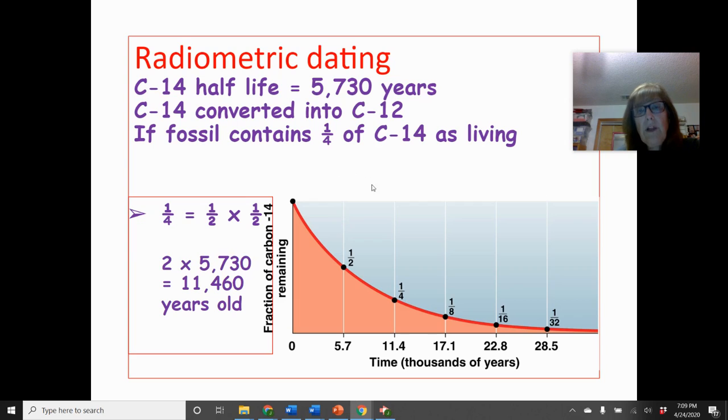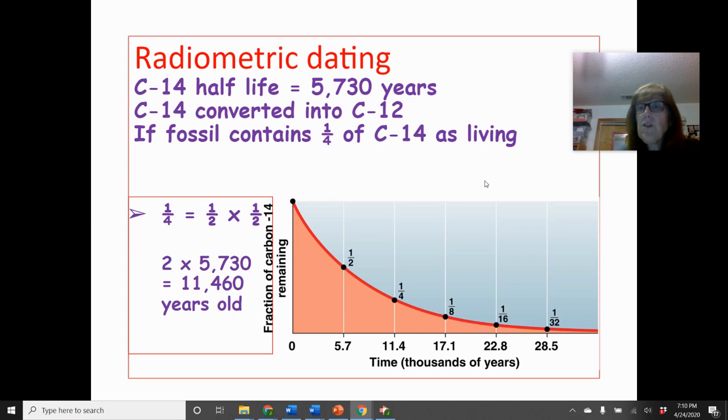This is my 1 half-life, 2 half-lives. That means I multiply 5,730 by 2, and I get 11.4 thousand. If it was 4 half-lives, if a fossil contained 1/16 of C14, 1, 2, 3, 4. So I go back and multiply 5,730 by 4, and I get about 22.8 thousand.